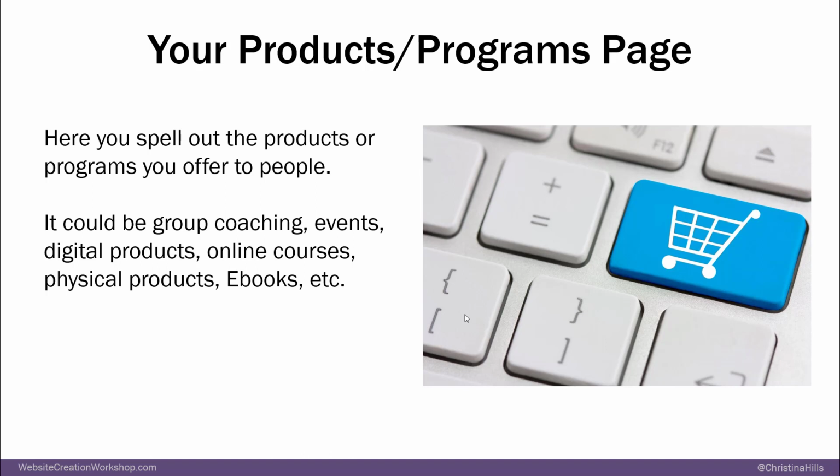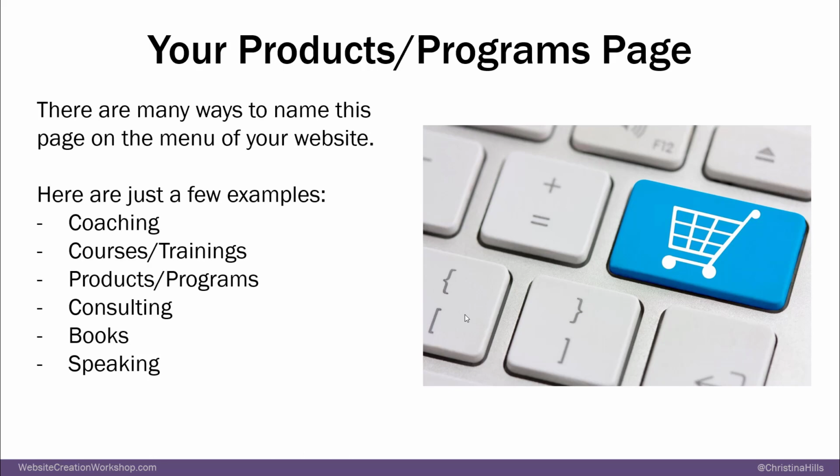Your products or programs could be group coaching, events, digital products, online courses, physical products, ebooks. There are many different ways you can think about it. Some examples: coaching, courses, trainings, products, programs, consulting, books, speaking. Some people are going to have both services and products or programs, and some people might just have one or the other.